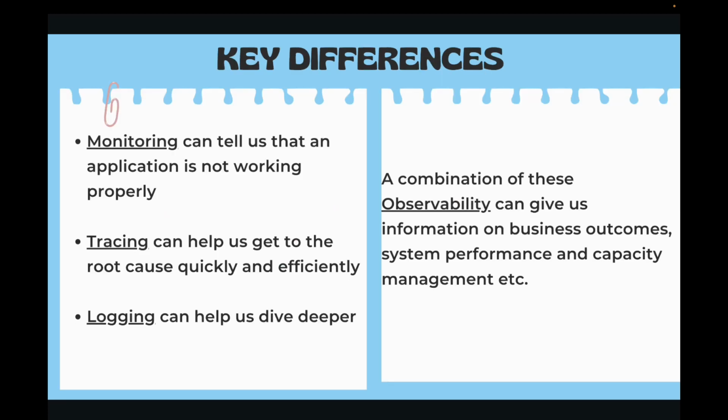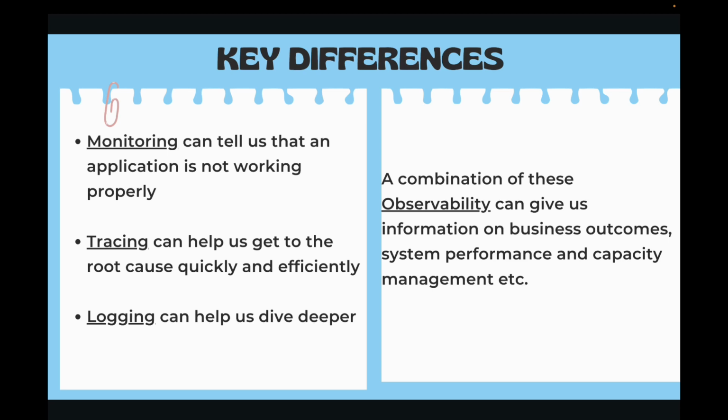So now let's talk about the key differences. What is monitoring? Monitoring can tell us that an application is not working. Obviously, if I'm monitoring it and there's a red flag, it will tell me it is not working. So that's monitoring. Tracing can help us get to the root cause quickly and efficiently. If you're tracing the path of what's happening, you know exactly where the problem lies, and you can get to the root cause. And logging can help us dive deeper.